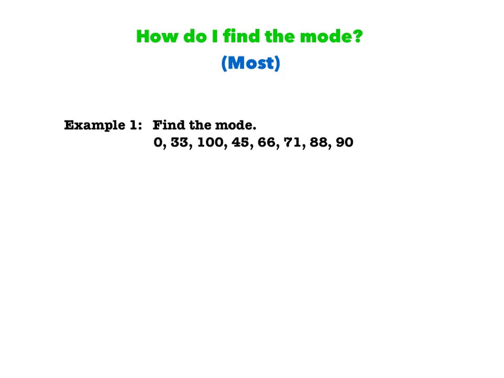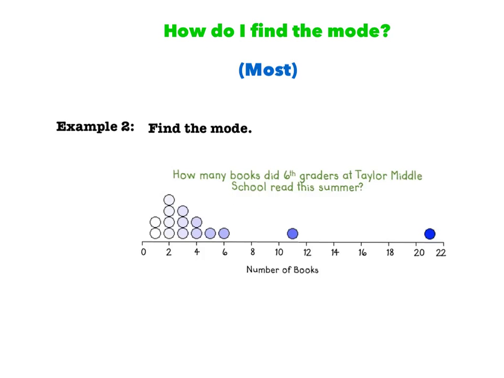So how do I find the mode? Well, again, the mode is the number that occurs the most. So in this first set of data, I do not have any number that is repeated more than 1 time. So there is no mode here. So let's try and find the mode in this case. Well, I have 2 1s, I have 4 2s, and I don't have any other number that has more than the amount of 2s that I have.